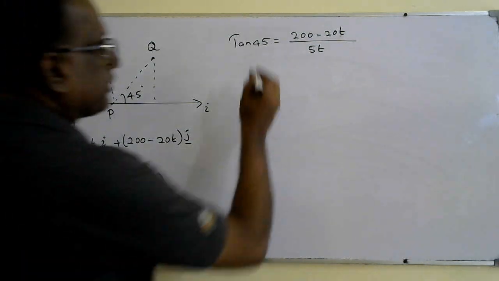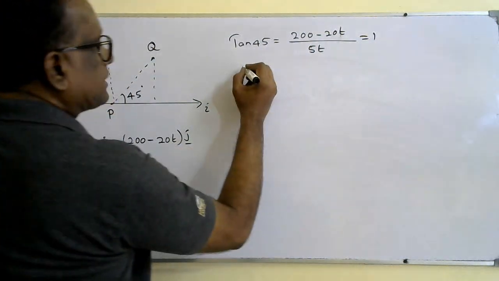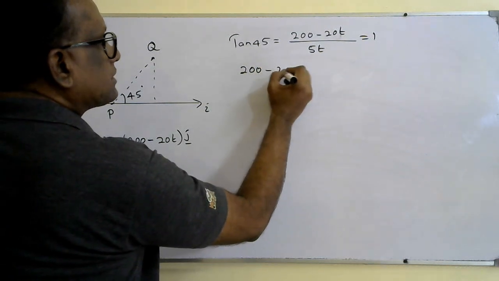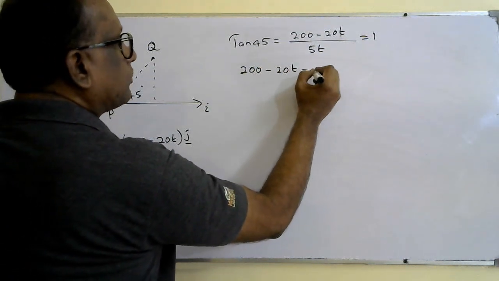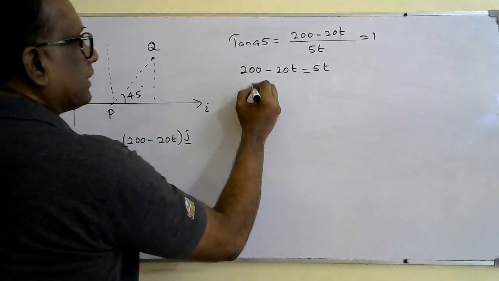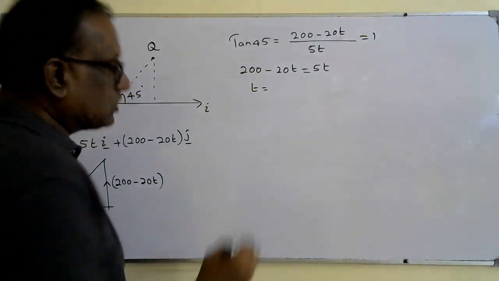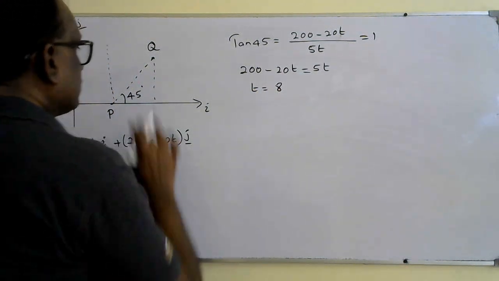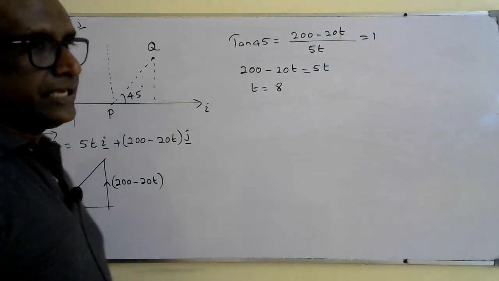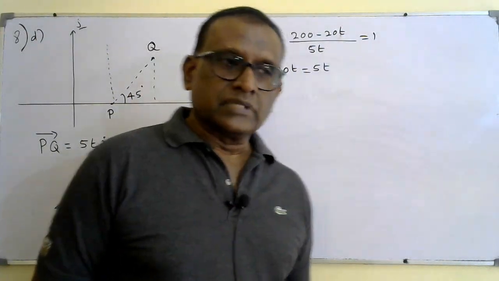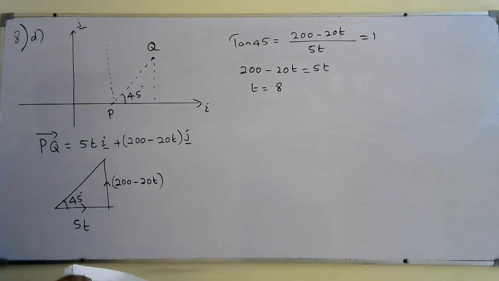We know tan 45 is equal to 1, so 200 minus 20t equals 5t. Solve it, and for t you will get t equal to 8. So the position of Q relative to P becomes northeast when the time becomes 8.